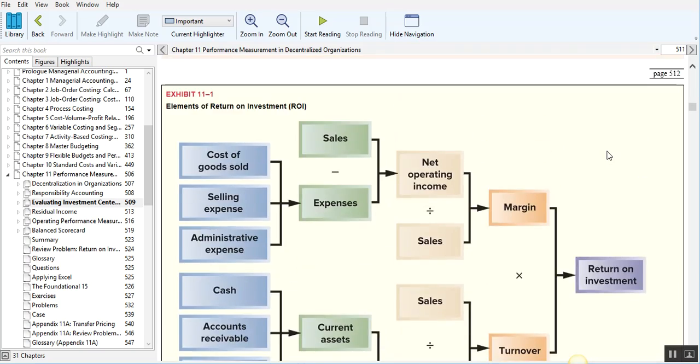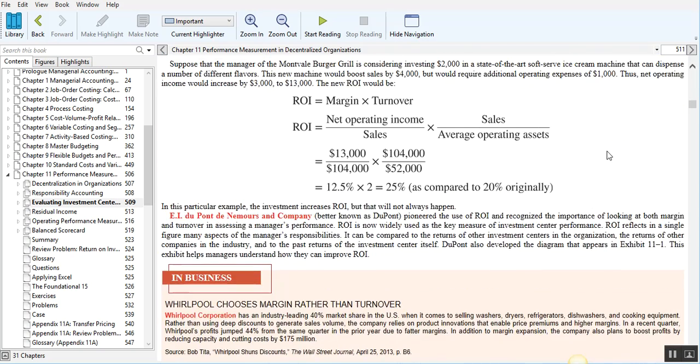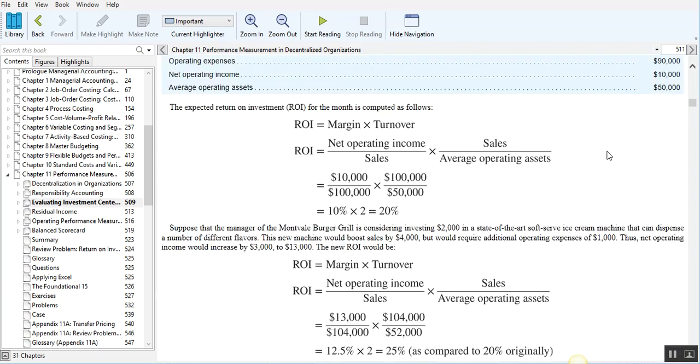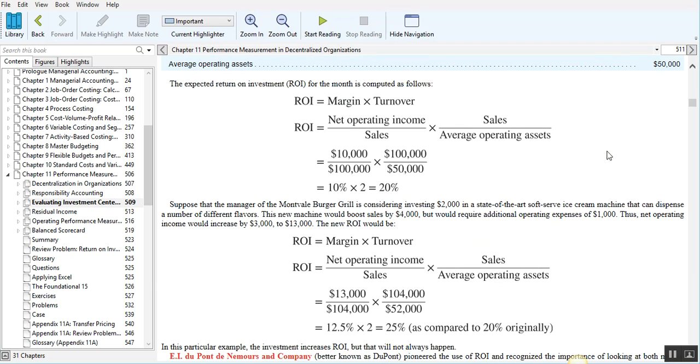An example of this is right here, where they calculate the margin and then multiply that times the turnover. The margin here is 10% when you calculate net operating income divided by sales. Turnover is a factor of 2, because you take sales divided by average operating assets.